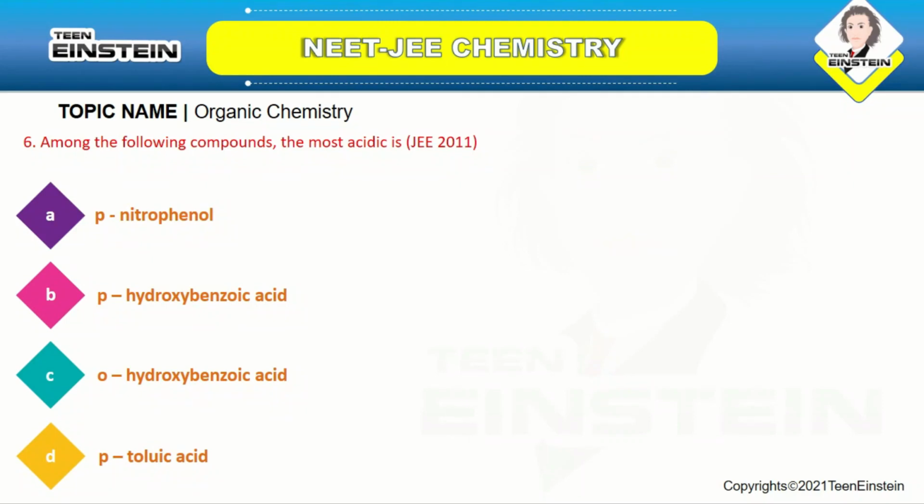First one is para-nitrophenol, which has a phenolic group. Next one is para-hydroxybenzoic acid, so the second option has an acidic group.